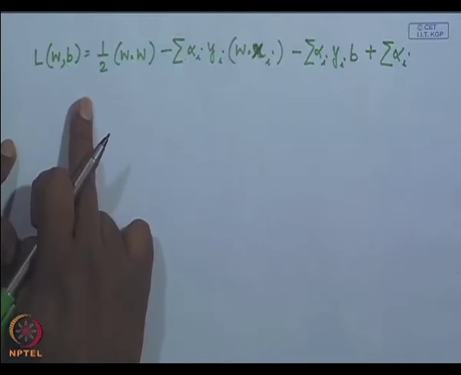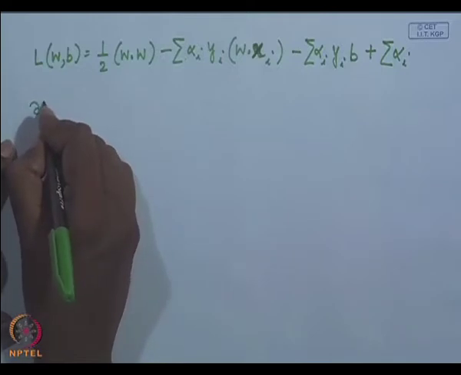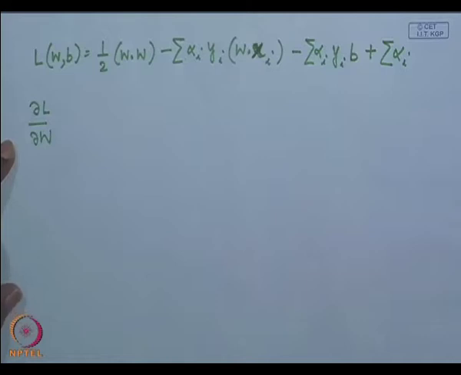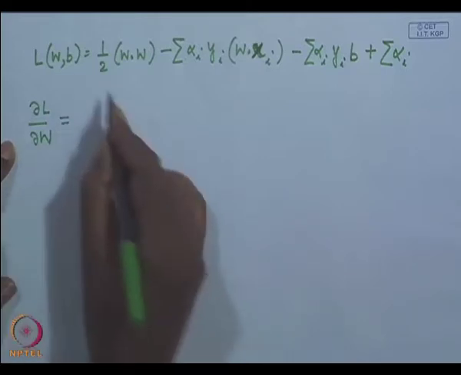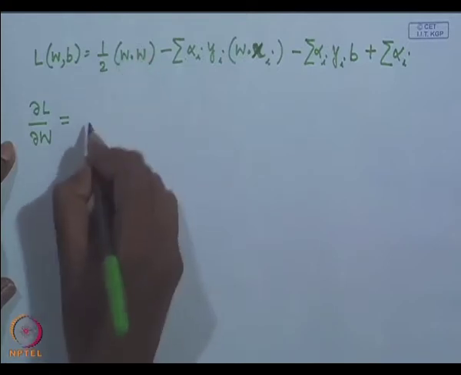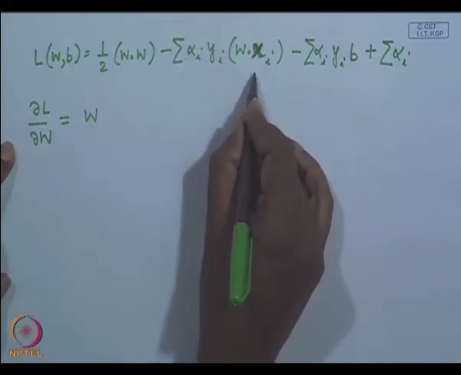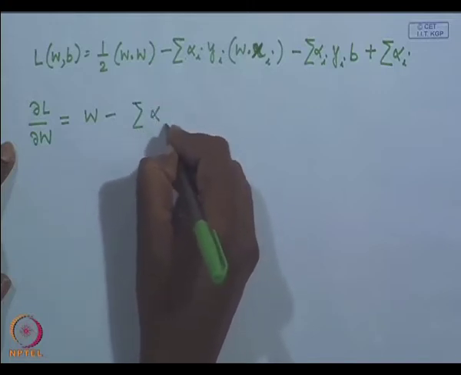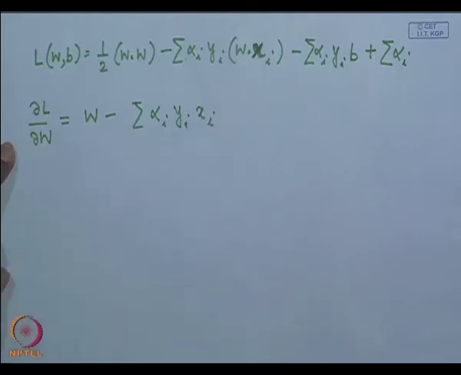Now, if I take the derivative of this Lagrangian with respect to w, I will have del L del w. The derivative of this with respect to w is nothing but w, and the derivative of this with respect to w is sum of alpha_i y_i x_i.